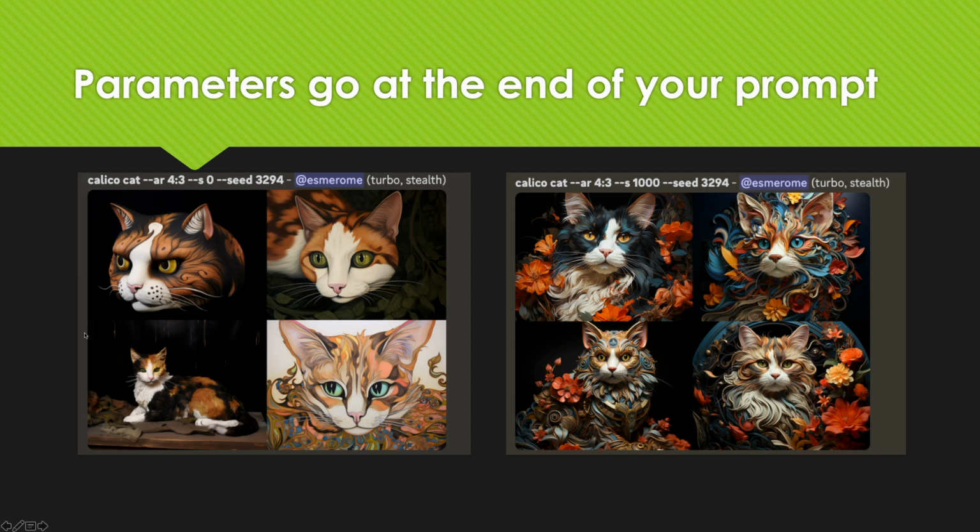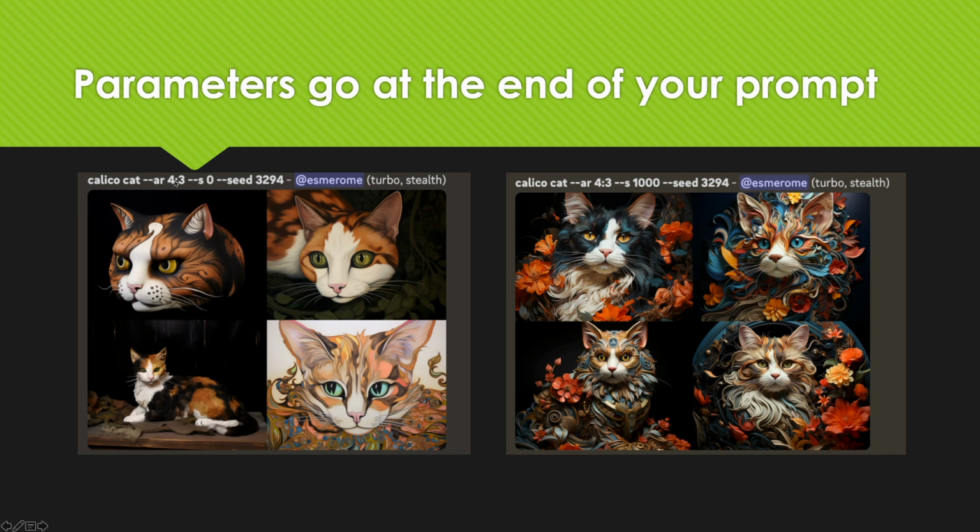If you see these prompts here, the prompt part is just "calico cat." It's just one token, or you could argue two, but I'm just going to say it's one. And then we've got --ar 4:3. This is the aspect ratio, and aspect ratios are always written in terms of width, height.